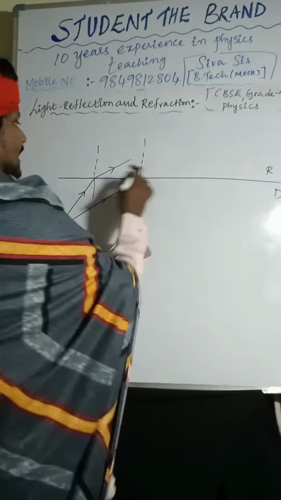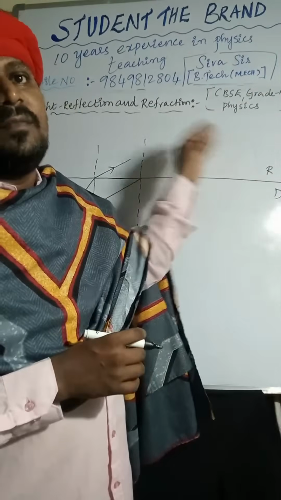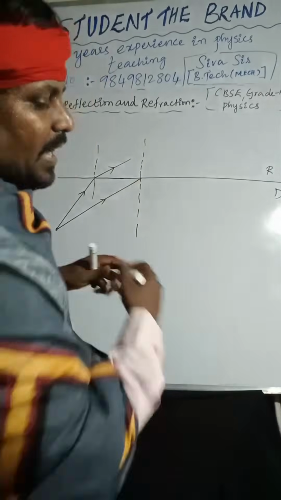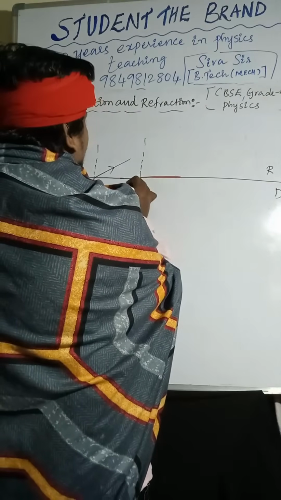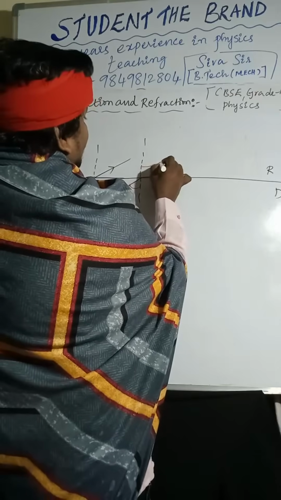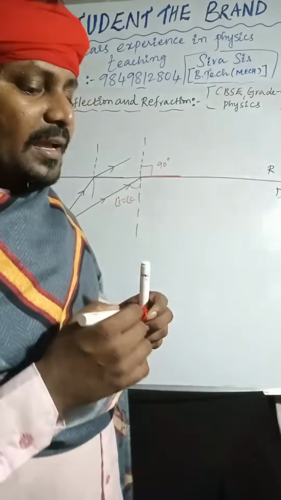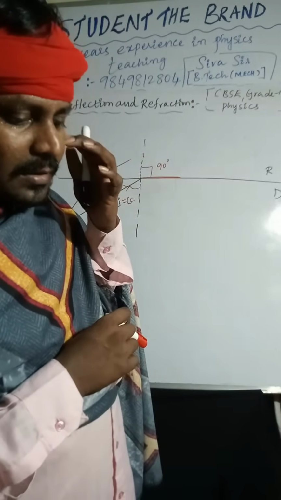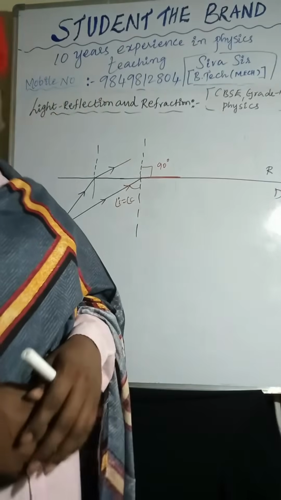The angle of incidence at which, in the rarer medium, the refracted ray passes along the surface is the critical angle. So the refracted ray makes 90 degrees with the normal line.